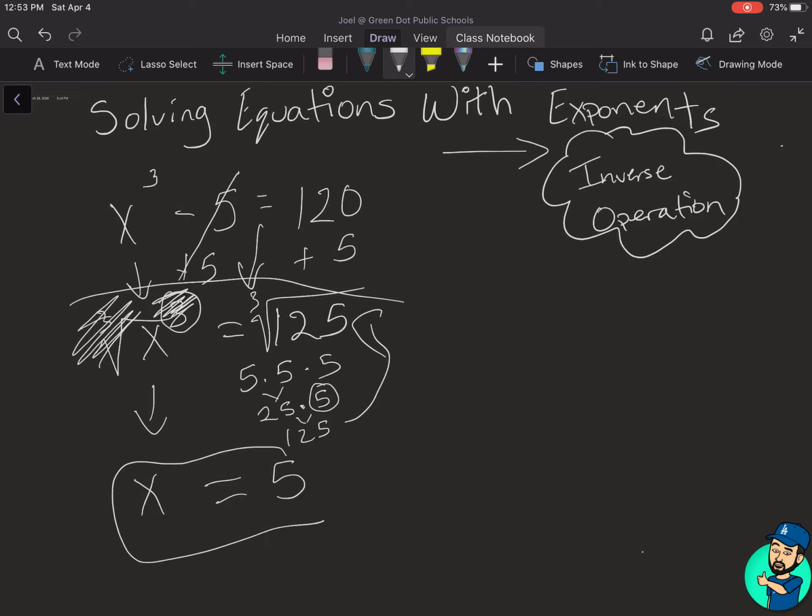So we know that x equals 5. But let's check our work. I'm going to write down the original problem over here. Now I'm going to substitute the x for a 5. 5 to the third power minus 5 equals 120.